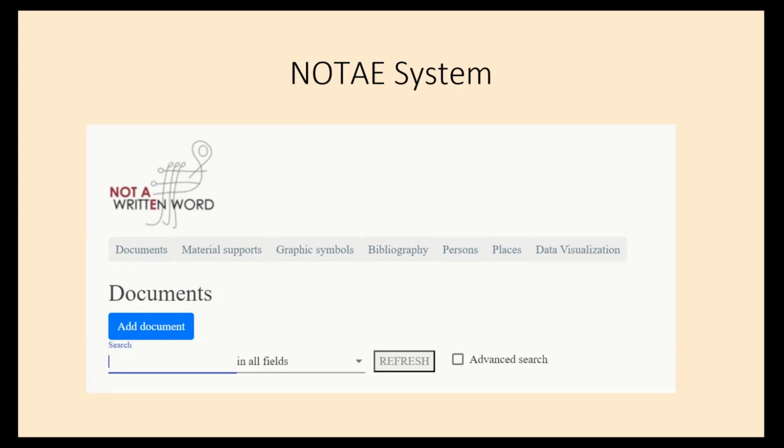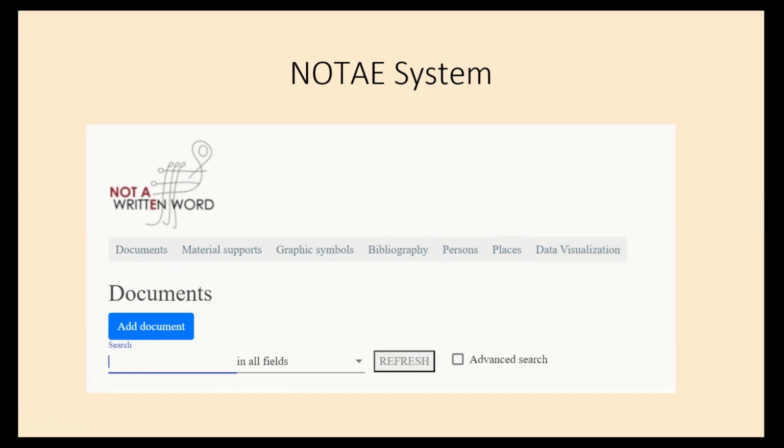However, I will briefly present the main elements of the Note system based on our back office version. The structure of the database consists of 3 types of data sheets corresponding to as many sections: documents, graphic symbols, and persons sheets.